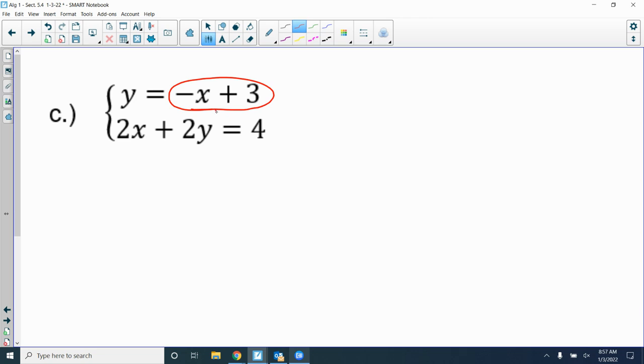You plug that in for not x, but y, because it says y equals. And so underneath there, the 2x will stay the same. This becomes 2 times -x plus 3 equals 4. So we're going to use substitution.